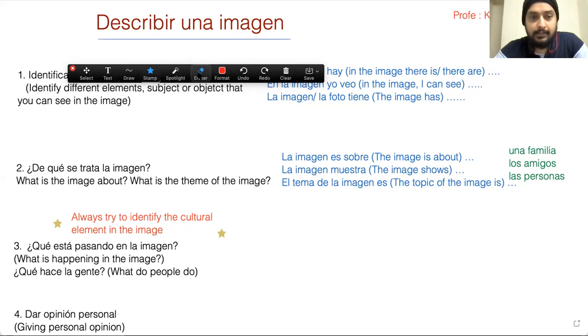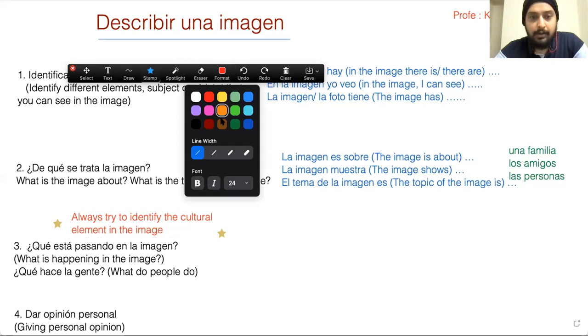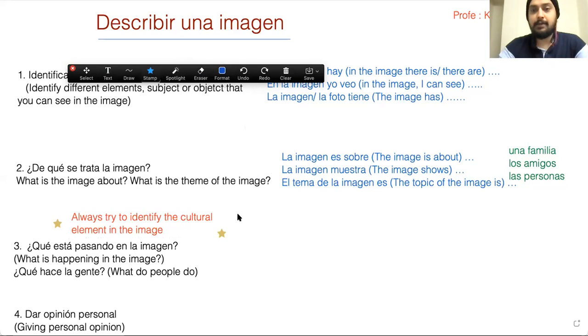Okay, then coming to the next part, that is ¿qué está pasando en la imagen? What is happening in the image? ¿Qué hace la gente? What are the people doing? So you can use two tenses here, that is present continuous tense or present indefinite tense. So how do we form present continuous tense?